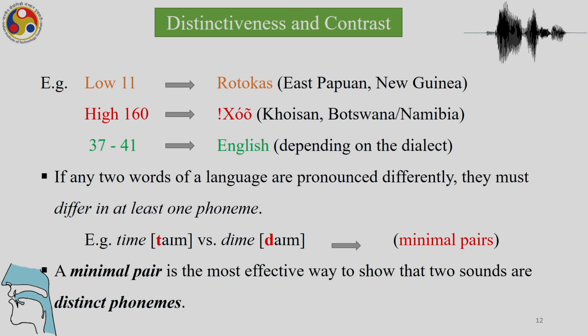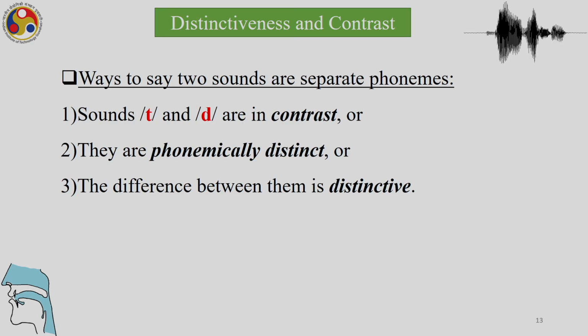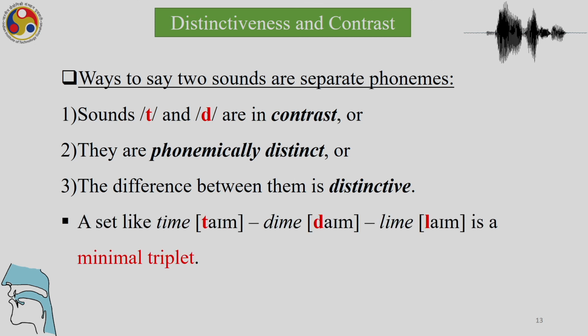A minimal pair is the most effective way to show that two sounds are distinct phonemes. So, sounds t and d are in contrast, or they are phonemically distinct. As we already saw, contrastive and distinctive can be used interchangeably, and when t and d are contrastive, they are also phonemically distinct, and that's why the difference between them is called distinctive.